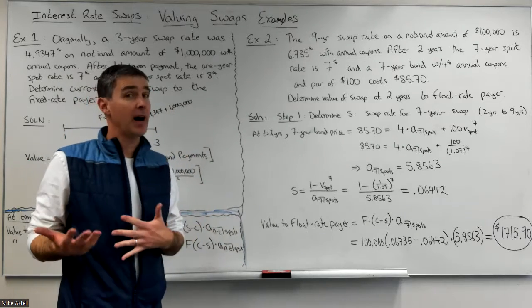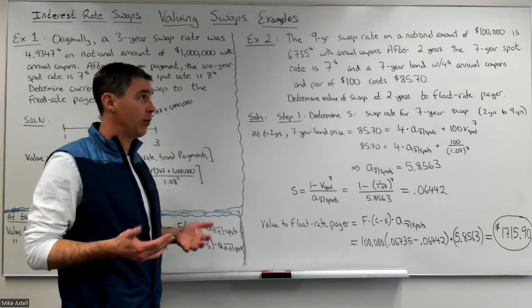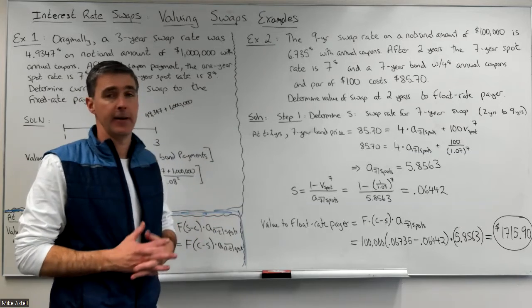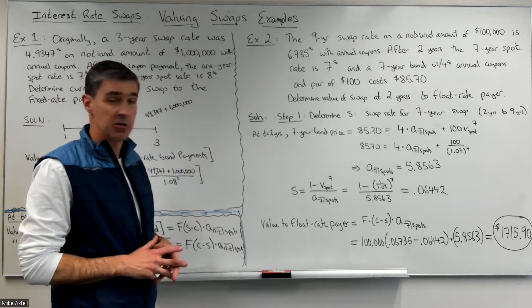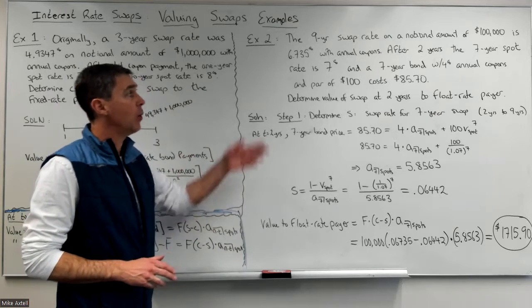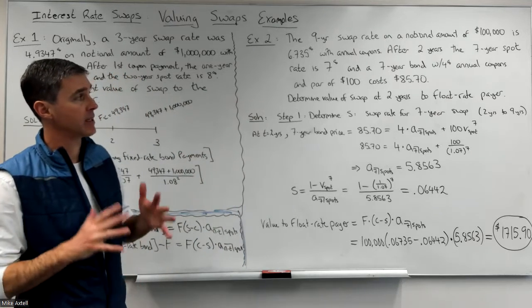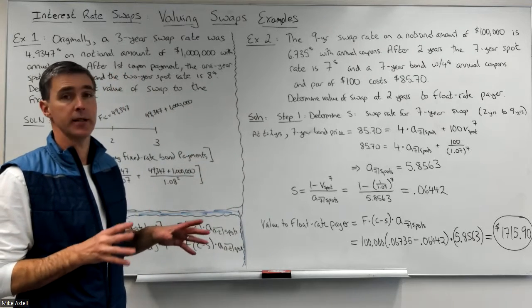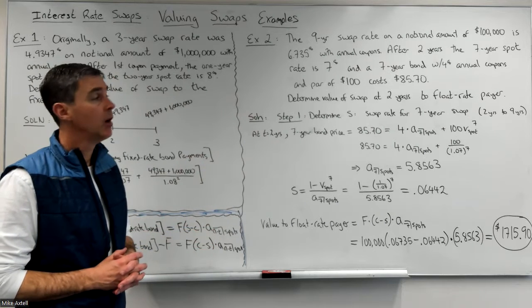And a 7-year bond with a 4% annual coupon with a par of 100 happens to be priced at $85.70. Why is that important? Well, it's just a random fact about a bond that will come in handy. We would like to determine the value of the swap at time 2 years to the float rate payer, right?